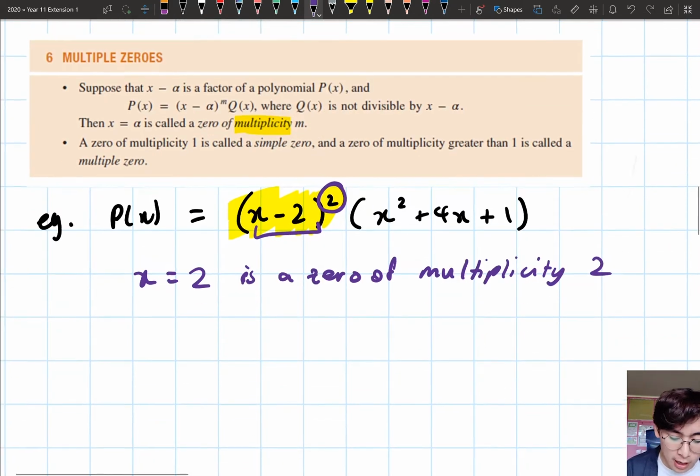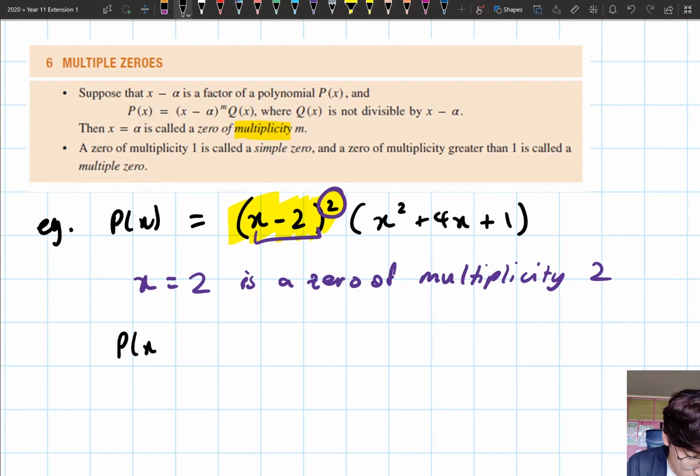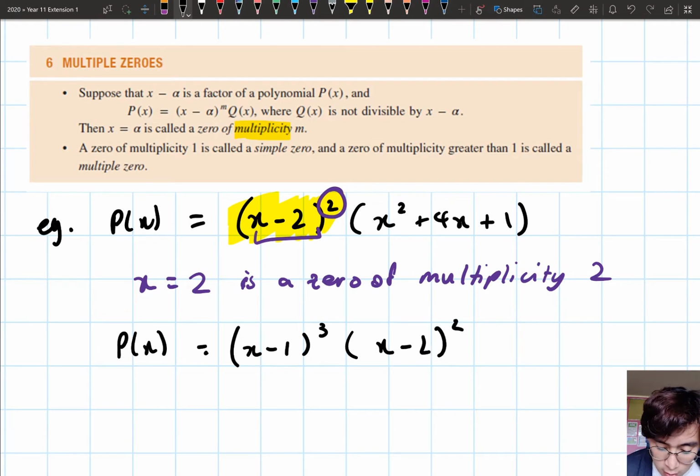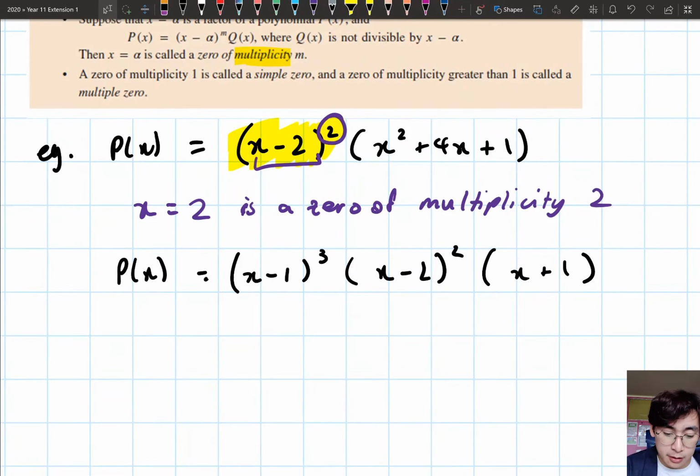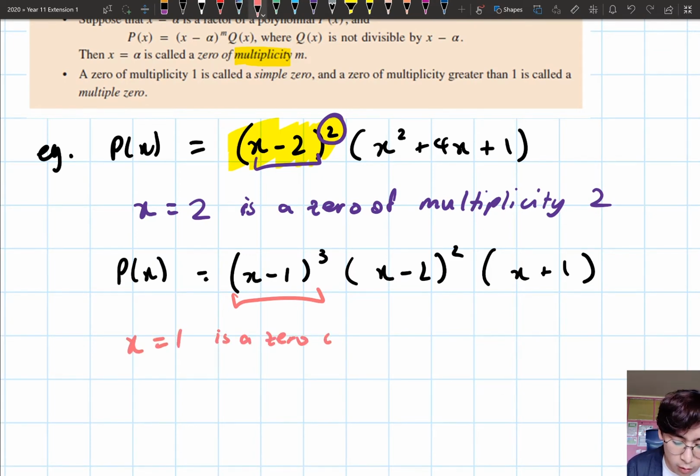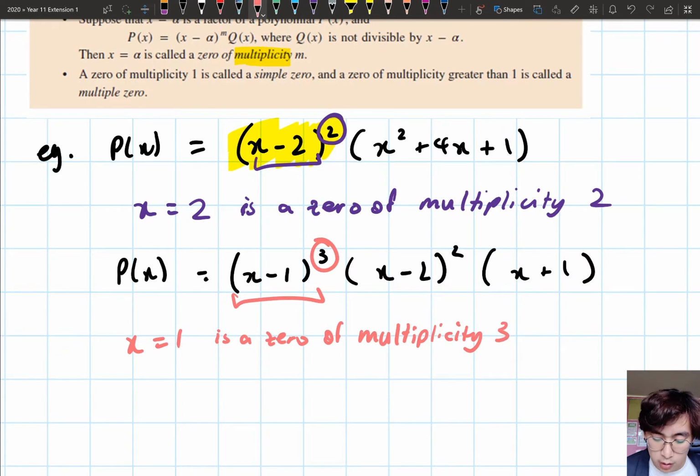Let's do another one just to show you. If p of x is equal to (x minus 1) to the power 3, (x minus 2) squared, (x plus 1). Let me break down each part. So x minus 1 tells me that x is equal to 1 is a zero of multiplicity 3.